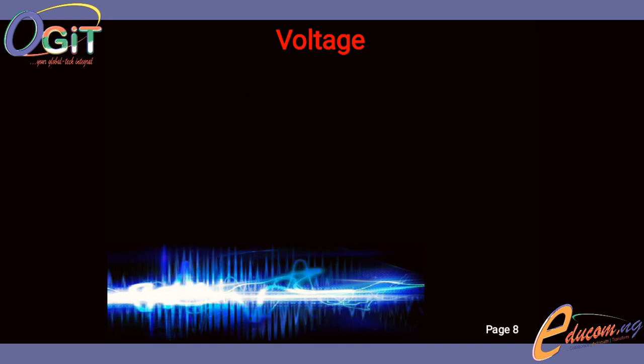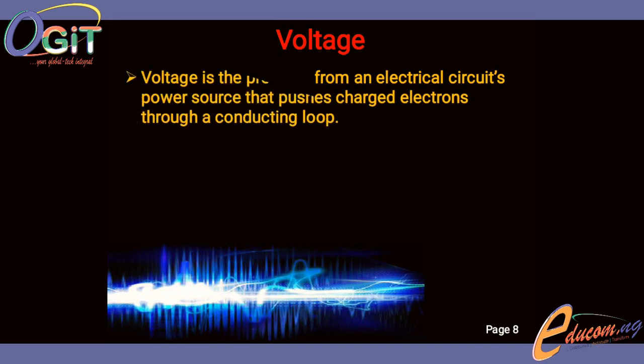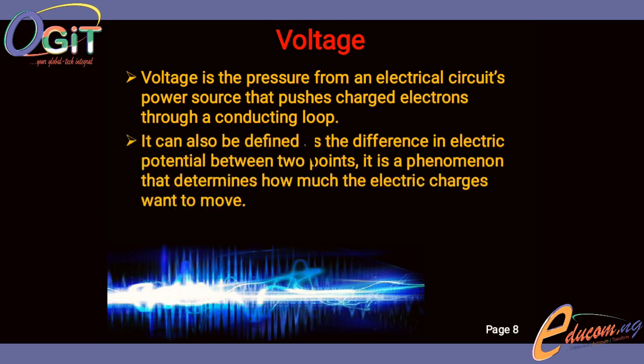Now, let's understand each parameter of Ohm's law. Number 1, voltage. What do we understand by voltage? Voltage is the pressure from an electrical circuit power source that pushes charged electrons through a conducting loop. It can also be defined as the difference in electric potential between 2 points.